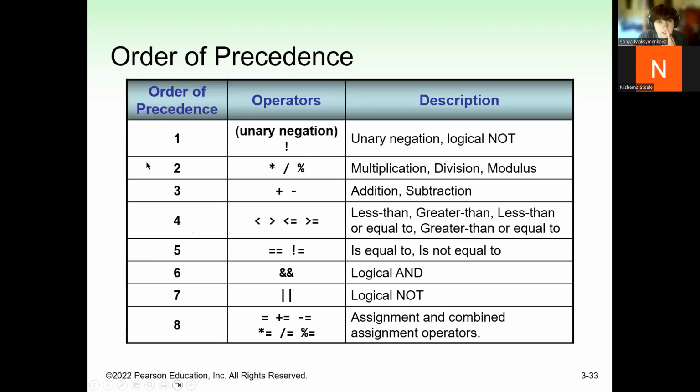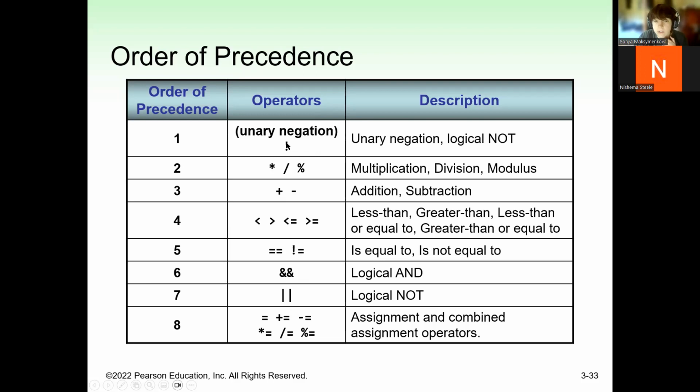Order of precedence. Here is the table for order of precedence. So which operator goes first, what we do first, what we do second. And this table is basically the same thing as in algebra.